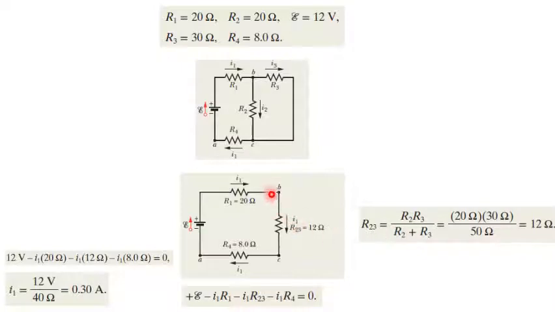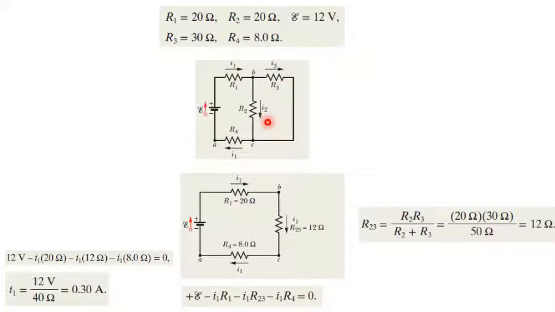So the equivalent resistance R23 would be R2 multiplied by R3 over R2 plus R3. R2 is 20 ohms, R3 is 30 ohms. So 20 ohms multiplied by 30 over 50, 20 plus 30, so it would be 12 ohms. So this is the equivalent resistance for these two parallel resistors R2 and R3.